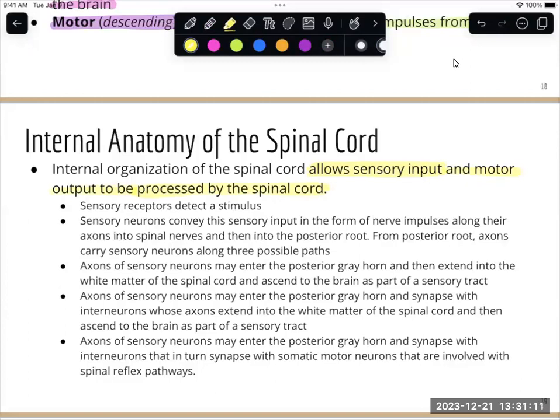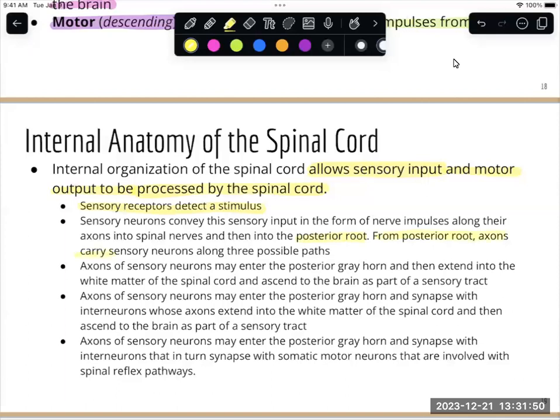So we get this sensory stimulus. Somebody touches you. It's raining. You feel raindrops on you. You step outside and it's cold or it's hot. The sensory information is going to send in this information. So this information is going to follow along that sensory neuron. That sensory neuron is going to take this information through those posterior roots.